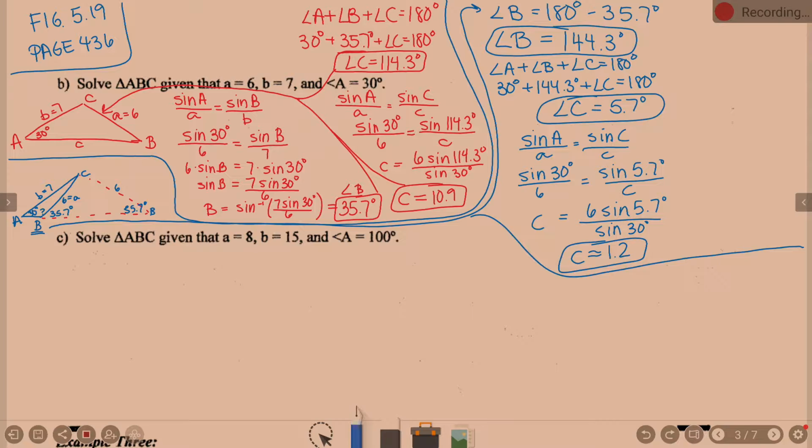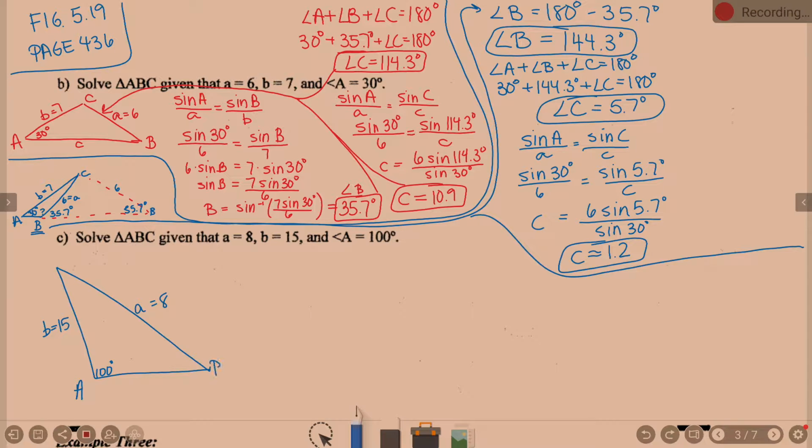Solve triangle ABC, given that a is 8, b is 15, and angle A is 100. Angle A is 100, so that's an obtuse angle. So I'm going to draw my triangle a little bit differently here. A is 100 degrees. Side a is a length of 8. Side b is a length of 15.